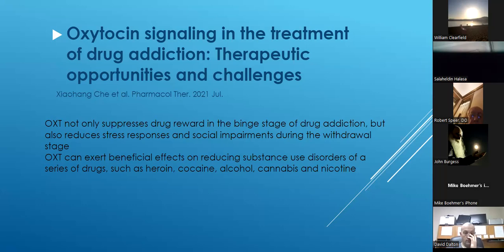But activating the mu receptors can also lead to opening up the calcium channels and causing activation of NOX enzymes and increasing the free radicals. And then the free radicals will shut down those mu receptors and cause insensitivity of the mu receptors.